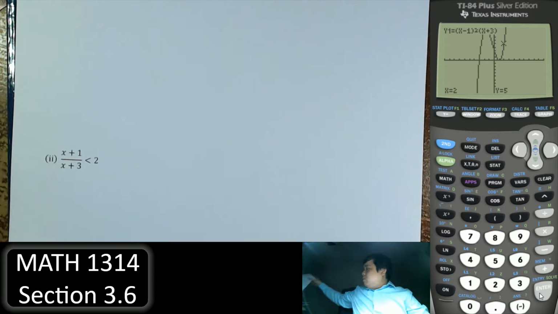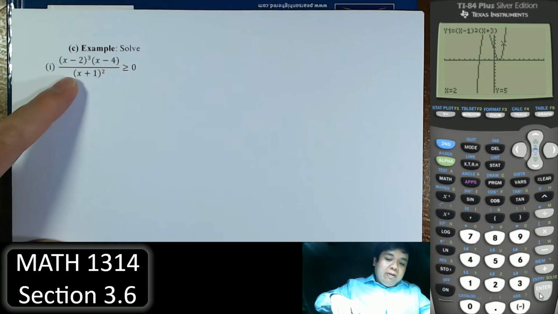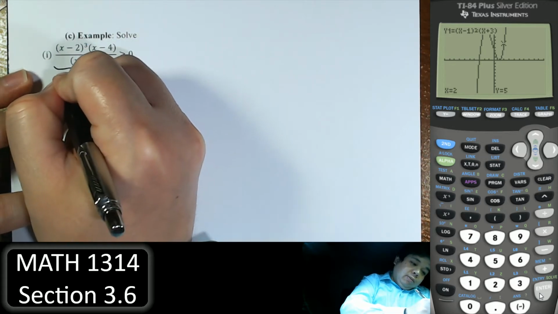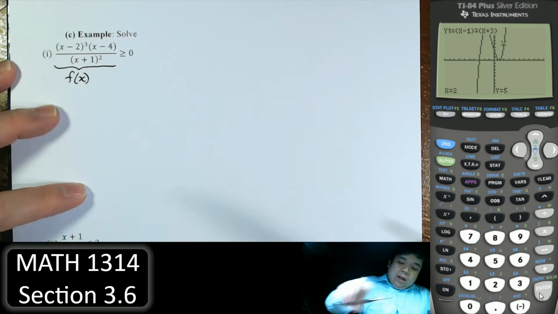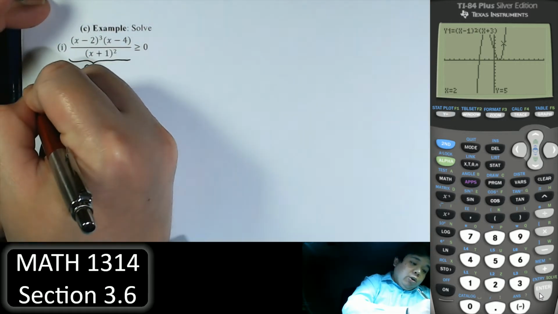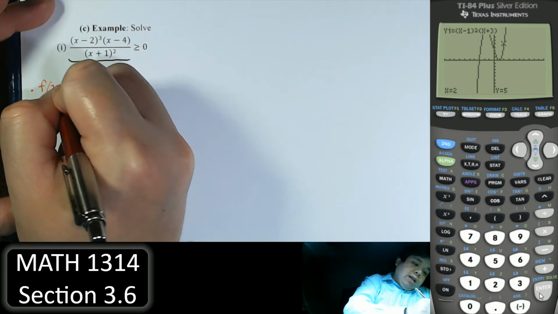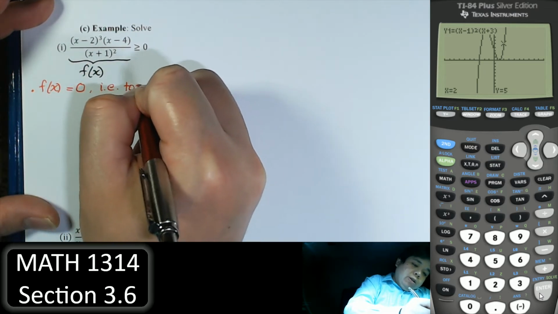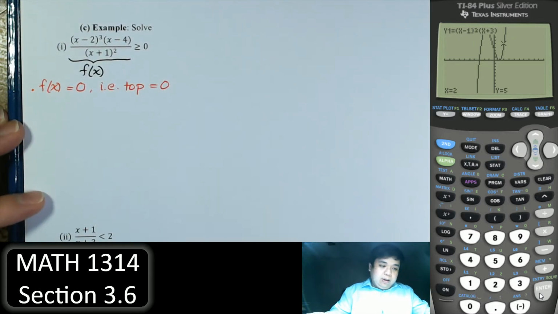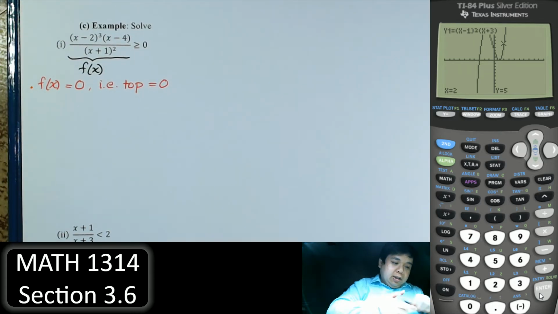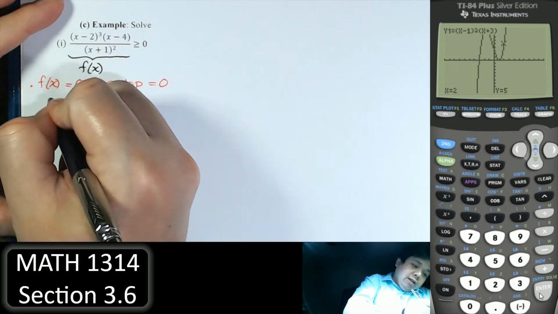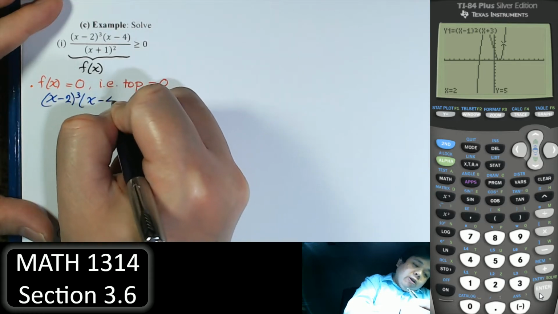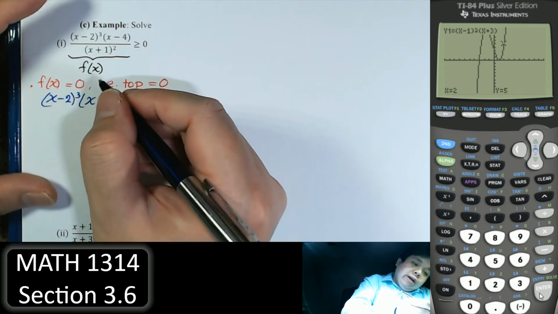Let's look at the first example. We already have the function. In this case, we're going to solve for f of x equal to 0, meaning where the top equals 0. So we have (x minus 2) cubed times (x minus 4) equal to 0.